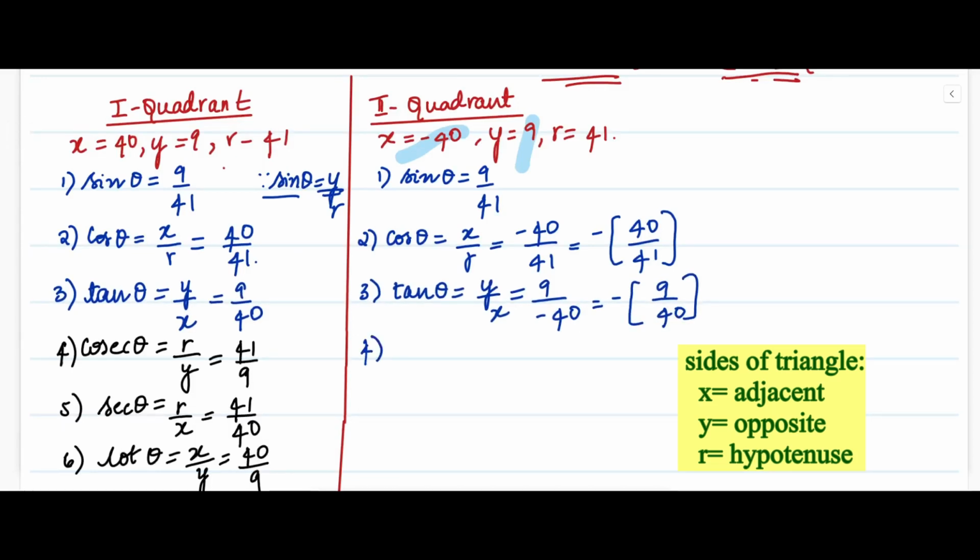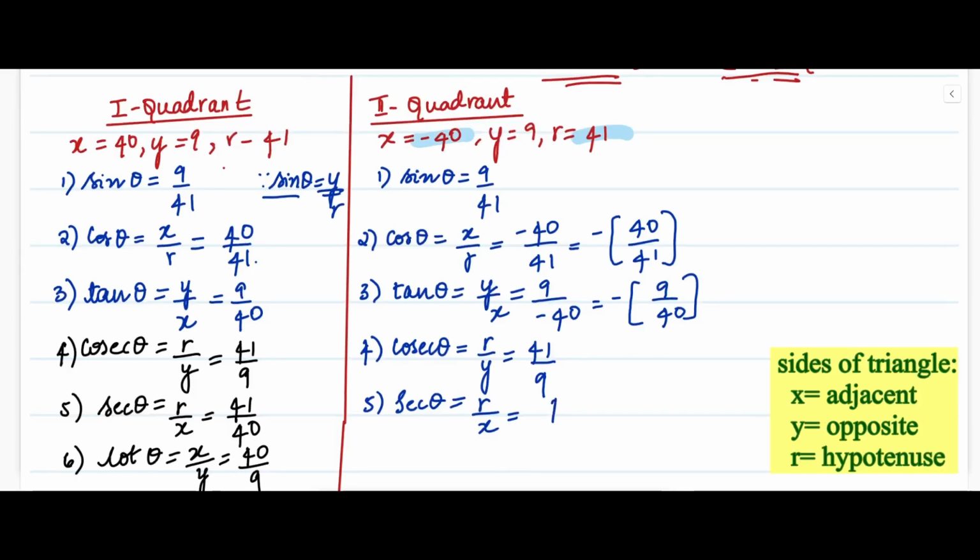Fourth trigonometric function is cosecant theta, which has the definition r by y. R here is 41 and the value of y here is 9. So we will get 41 by 9. Next trigonometric function is secant theta, whose definition is r by x. The value of r here is 41 and the value of x here is minus 40.